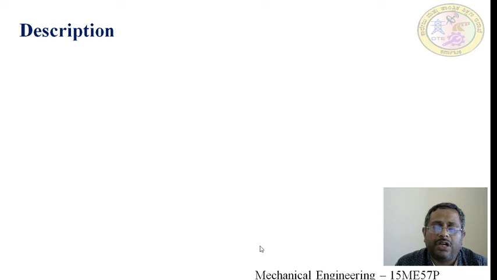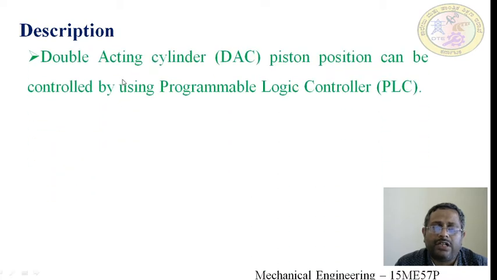Next, we will see how this circuit will be operated. First, the double acting cylinder piston position can be controlled by using a PLC. Here, the PLC is used to control the movement of the double acting cylinder, whether it is a forward motion or a reverse motion.